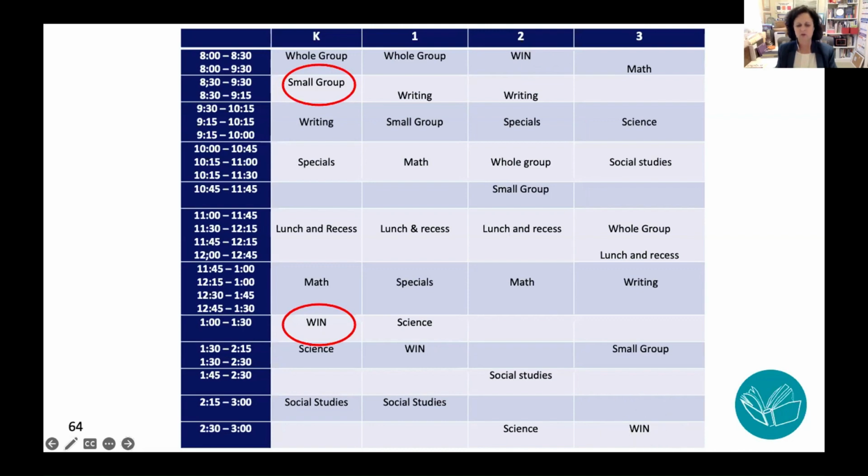Okay, so this is one way of prioritizing tier 1 instruction, bringing resources, other adults to that tier 1 instruction, maximizing the number of instructional minutes, and getting a schedule that actually implements tier 2 as an extra dose at another time of day.